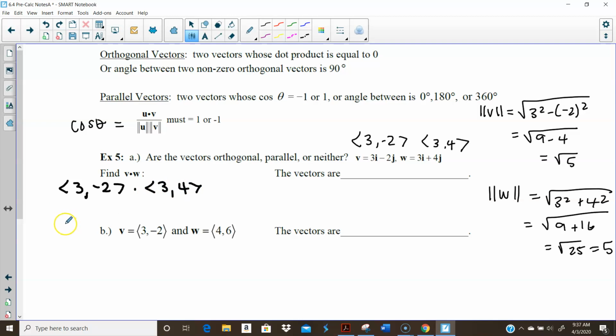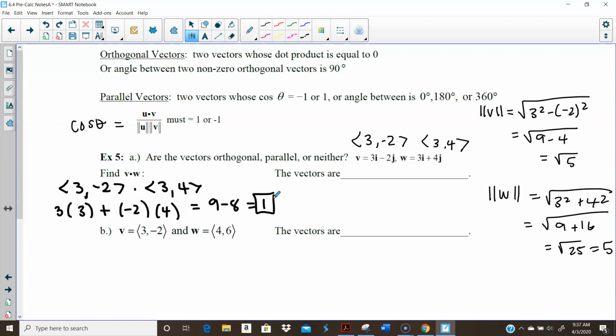So dot product as a review, you take 3 and you multiply it to 3. You add, you take -2 and you multiply it to 4. That's going to give me 9 subtract 8, which equals 1. Because that is not 0, we know that the vectors are not orthogonal.